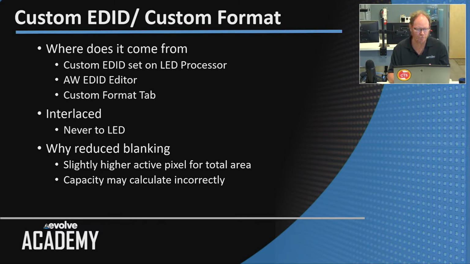When you're building a custom EDID, one of the options you're going to see is called reduced blanking. Usually you want to turn this on. It gives you the ability to have a slightly larger active pixel area inside the total raster, and the port capacity may calculate incorrectly if you do not have reduced blanking on.